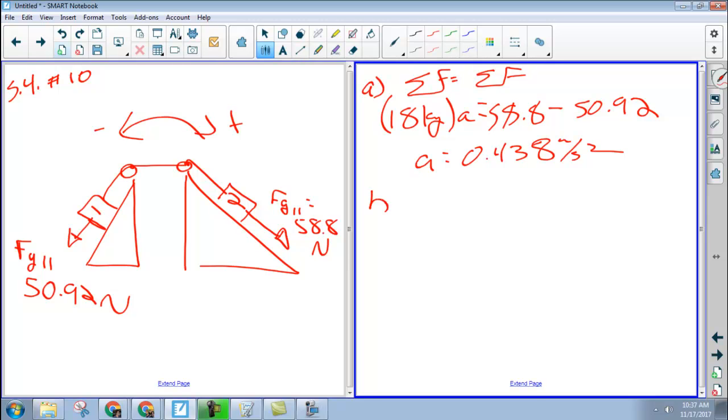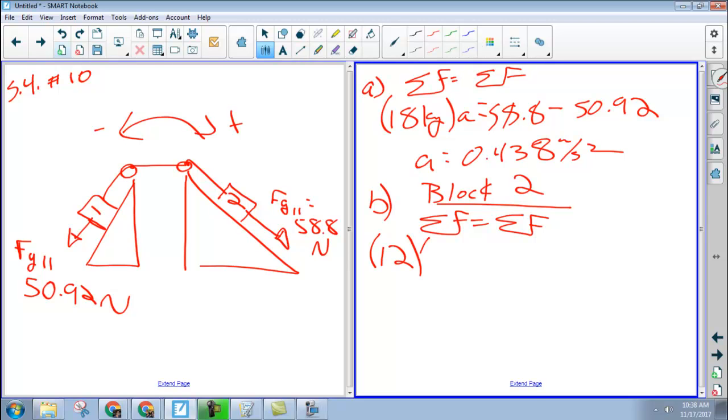Okay, B, find the tension in the rope. So you guys tell me, we just did one just like this. What's the easiest way to find the tension in the rope? Pick one of the two blocks, right? So let's use block 2. Net force equals net force. The mass of block 2 is 12 kilograms, the acceleration we just found is 0.438.